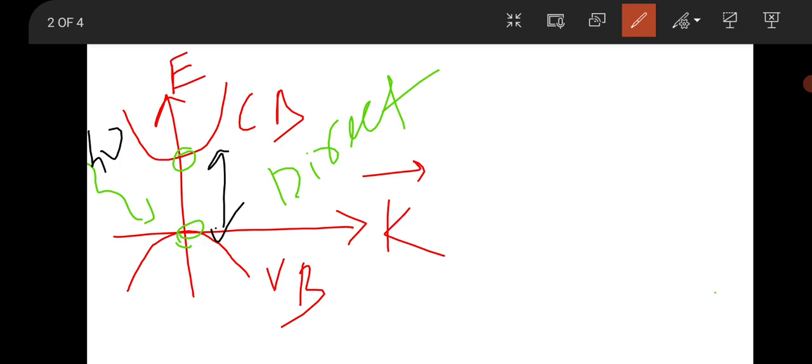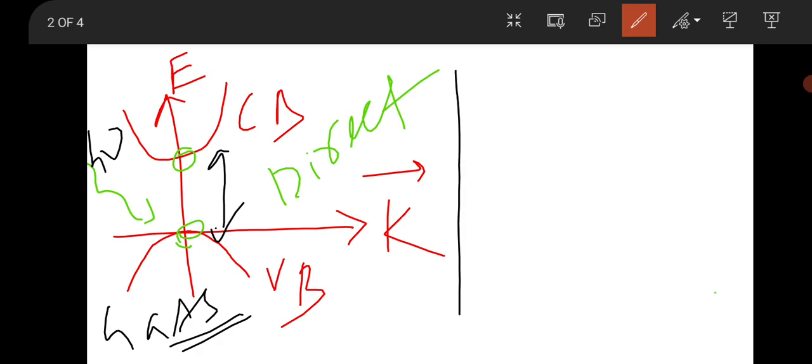Such material shows what is famously known as radiative transition. So direct band gap materials are used in optoelectronic devices like LED. The best examples of direct semiconducting material are gallium arsenide, which is famously used in LED applications, and indium arsenide.